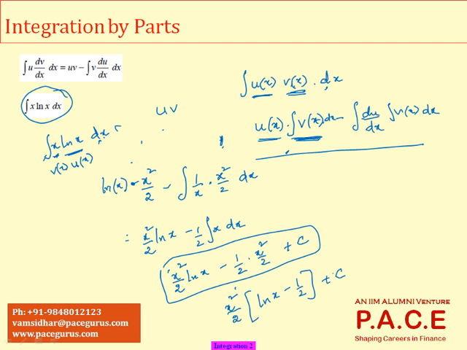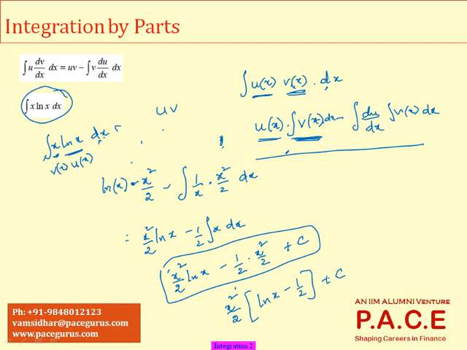Especially when you have to do an integration of the form uv, where one of them can easily be integrated, whereas the other one is not that easy to integrate, the one which can easily be integrated, you take it as v, and the one which cannot be easily integrated, you take as u.